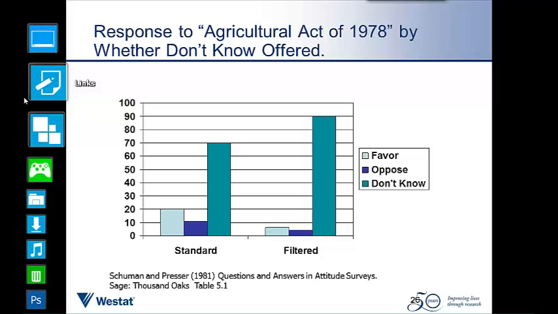So that showed that people with less education are far more likely to select the don't know option when it's offered than to volunteer it when it's not offered, meaning that they're more likely to be sort of guessing what their response should be.